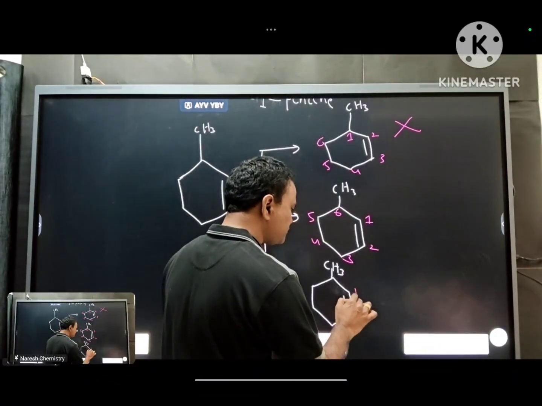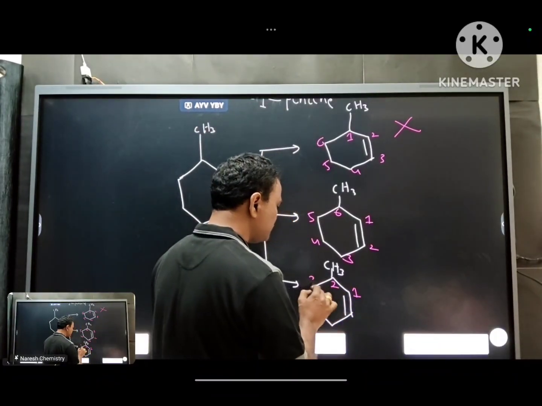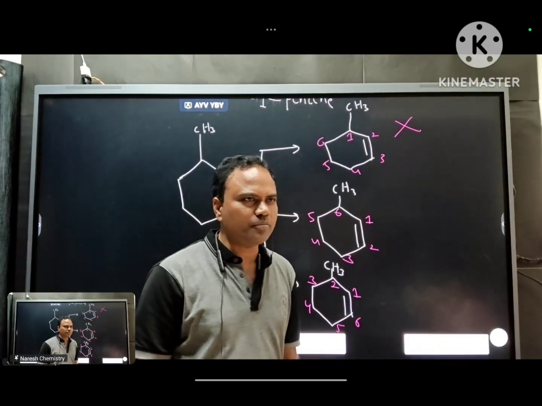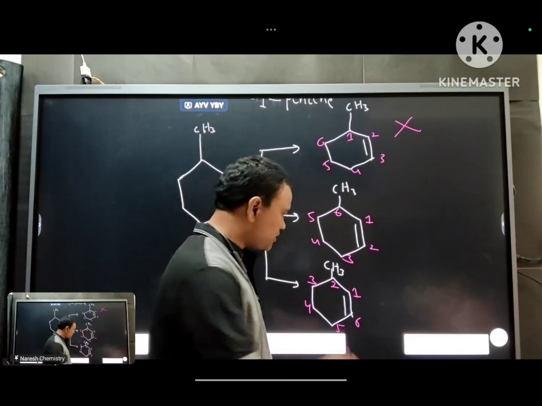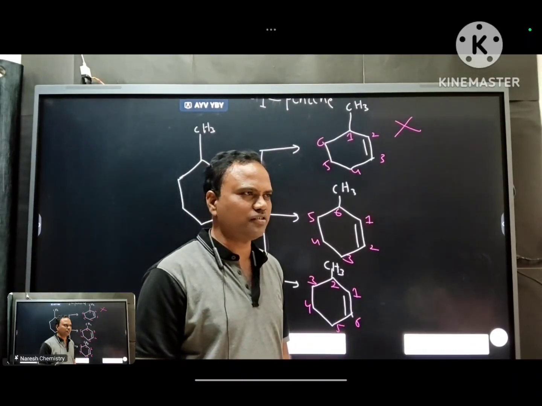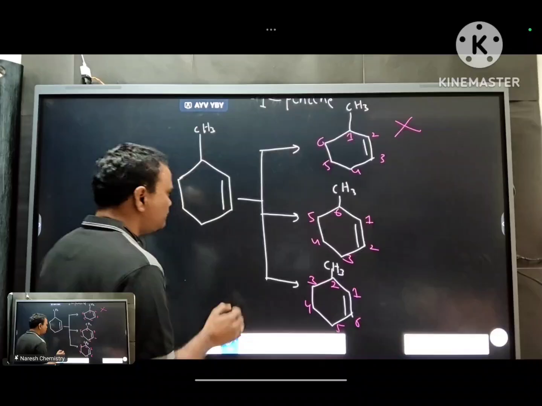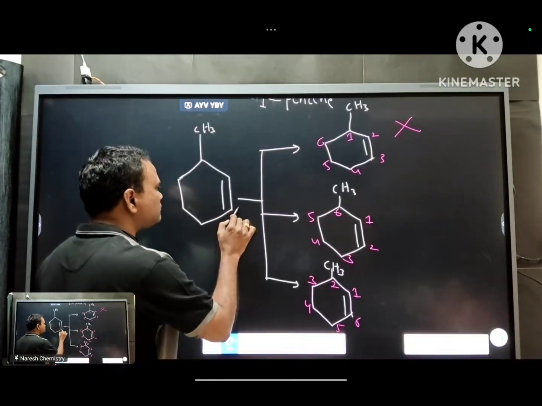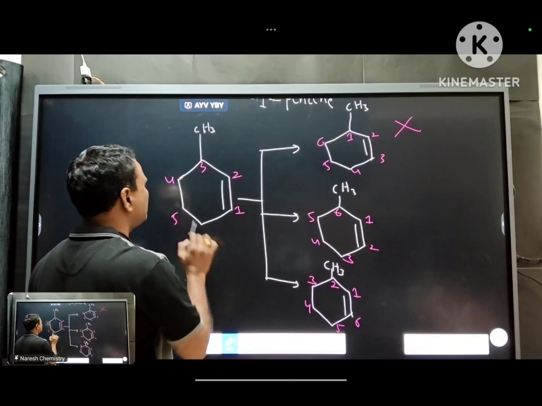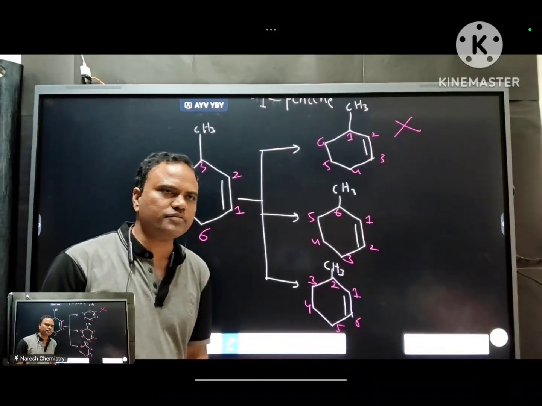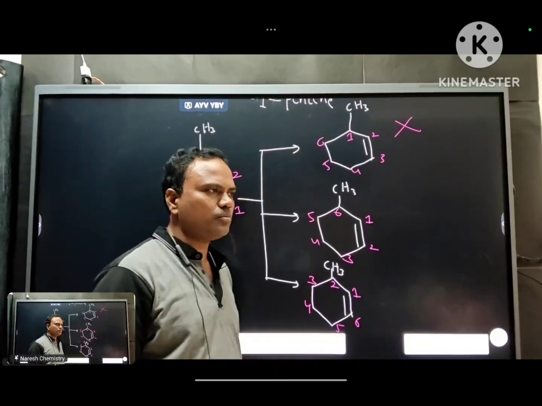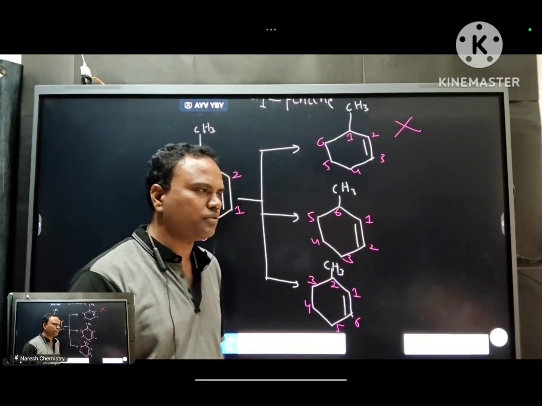Next, one, two, three, four, five, six. We have to go for all possible ways, then select the correct one.